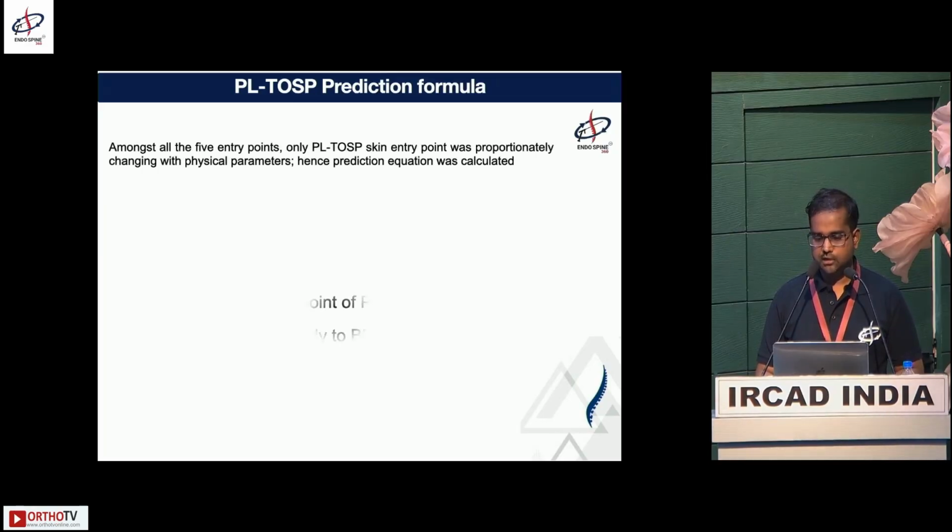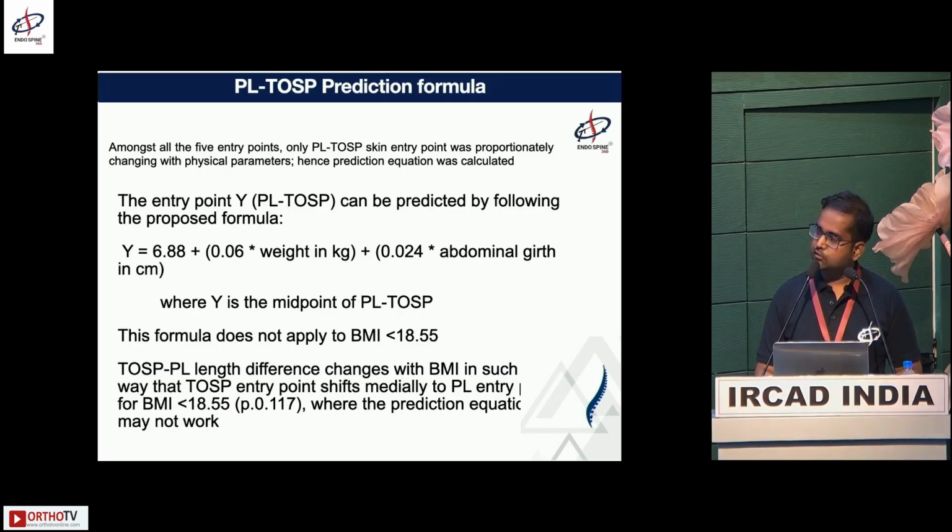This was done after statistical analysis of more than 300 patients. And what we found was that the PL-TOSP entry changes proportionately with the physical parameters. So if we have the weight of the patient and the abdominal girth of the patient, pre-operatively we can determine the PL-TOSP entry for that patient.